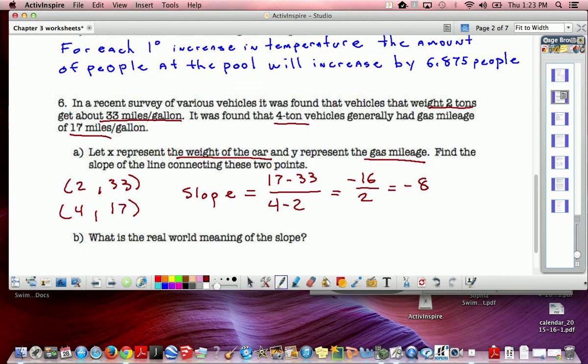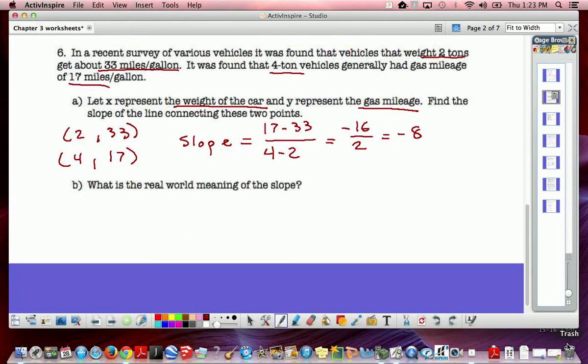So I'm going to slide this up here just a little bit so it makes it a little easier for me to write. So the last part, again here, we just need to write the real world meaning of it.